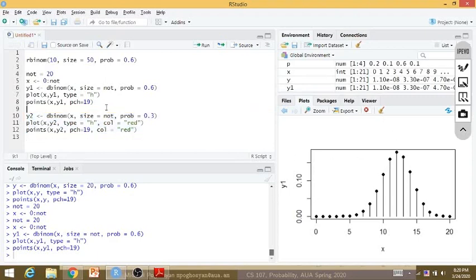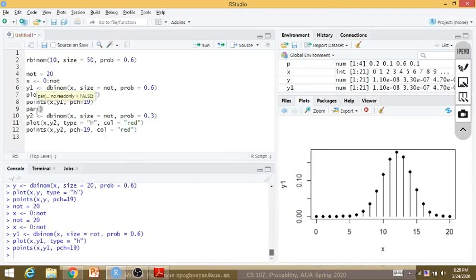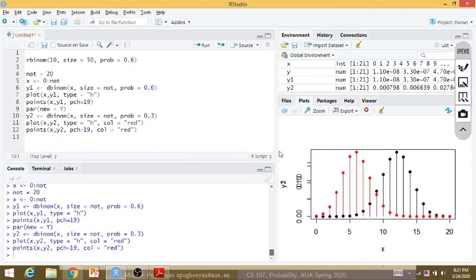To keep the previous one and plot on the previous graph, we can use the following. par, new is equal to TRUE. So I'm running this. This is keeping this graph, and now I can plot this. So I have the two on the same graph.